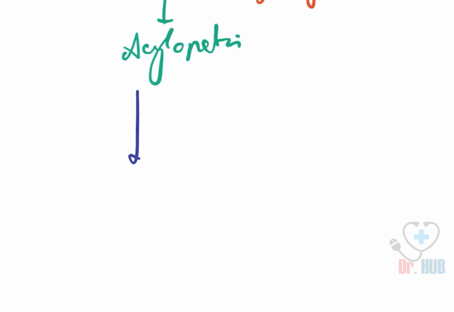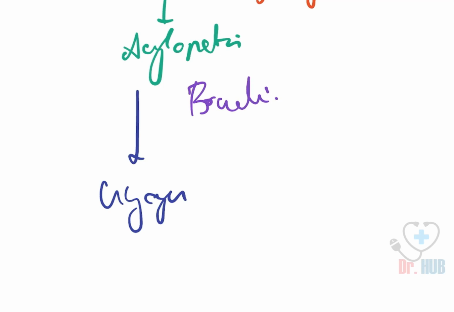Next, the amylopectin is converted to the glycogen. This is in the presence of the branching enzyme. Then we have the glycogen.